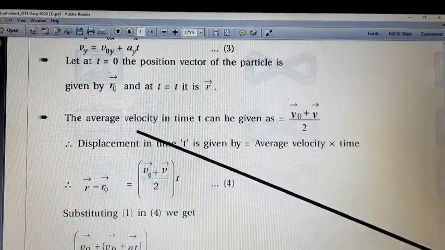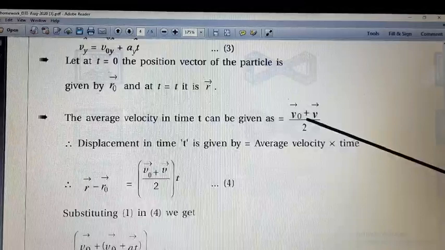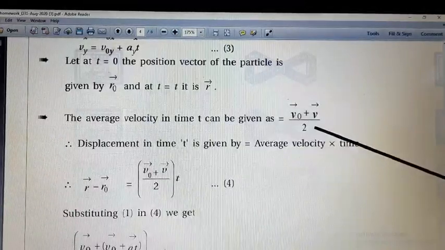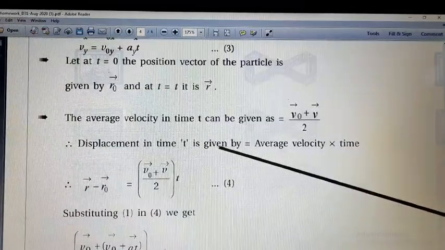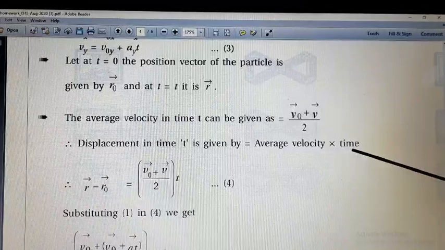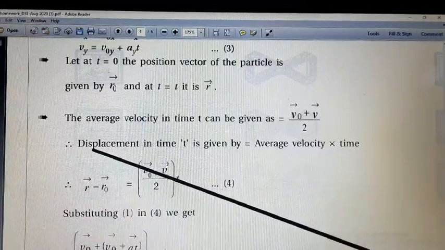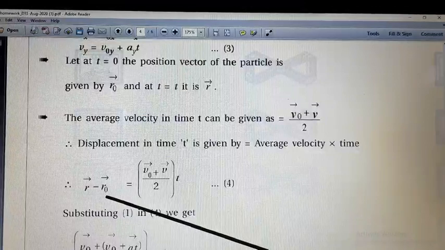And the average velocity in time t can be given as vector v0 plus vector v divided by 2. So displacement in time t is given by average velocity into time. This is the formula for the displacement. So displacement is denoted by vector r minus vector r0.